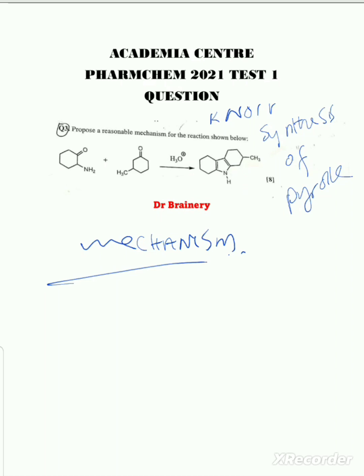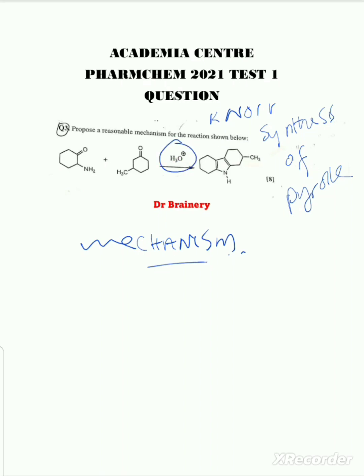We want to come up with a pyrrole. So the first thing that you're going to do is to see whether you are using a base catalyzed reaction, or the one that you want to carry out is the acid catalyzed reaction. So this one is the acid catalyzed reaction.